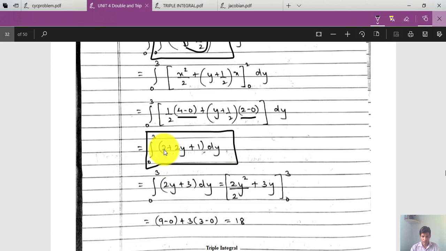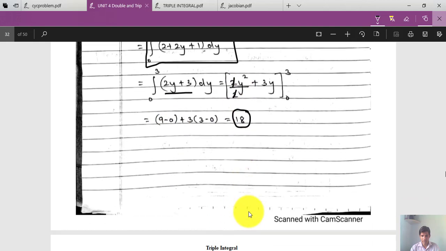The integration gives 2y square divided by 2 plus 3y over 0 to 3. This 2 gets cancelled. Finally, after evaluating, you get the answer, that is 18.